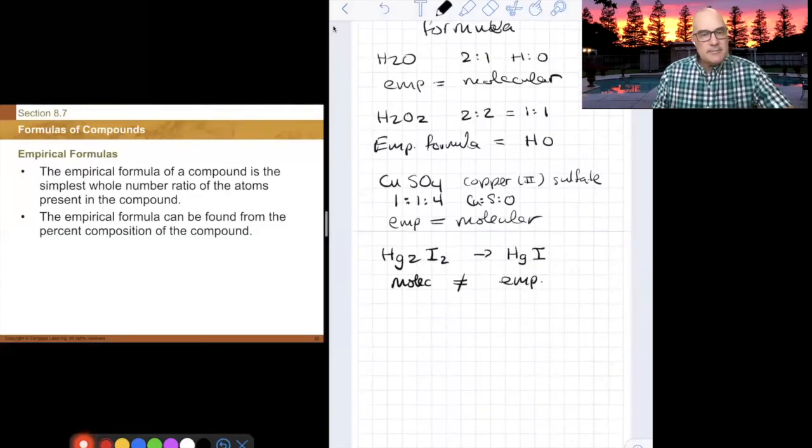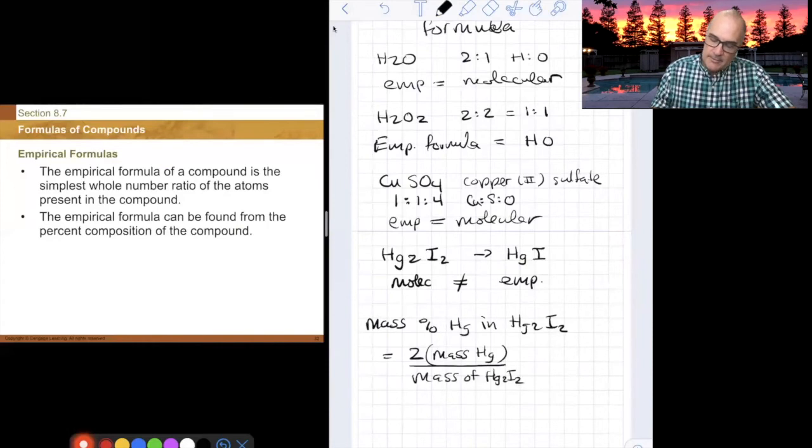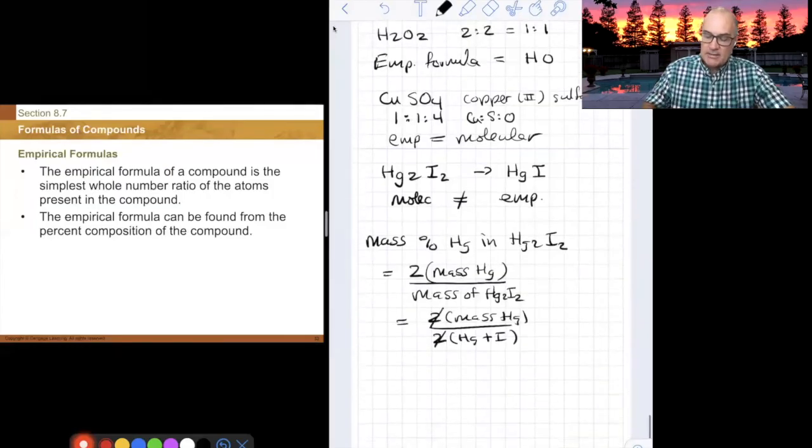But let's look at the mass percent of mercury in Hg2I2, right? This is going to be 2 times the mass of mercury over the mass of Hg2I2, right? And notice that this is the same as the mass of mercury over the mass of Hg plus I, right? And what happens here is the 2s cancel.